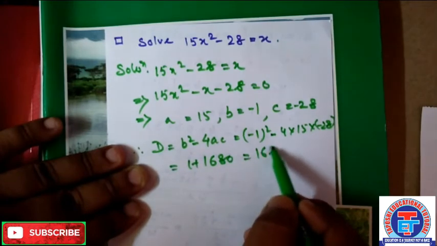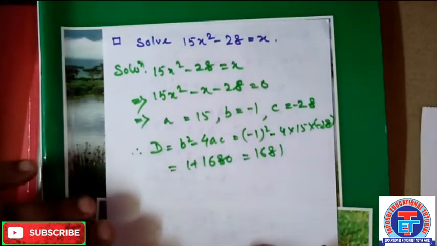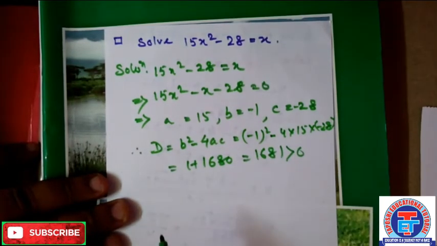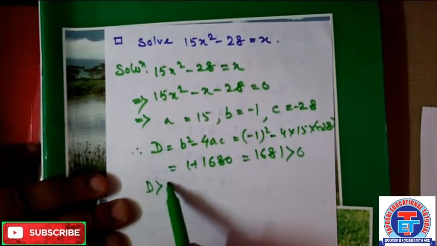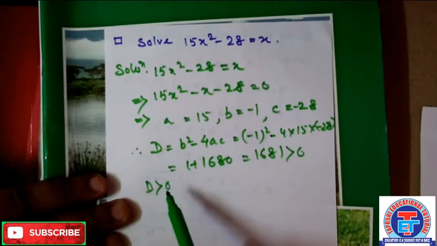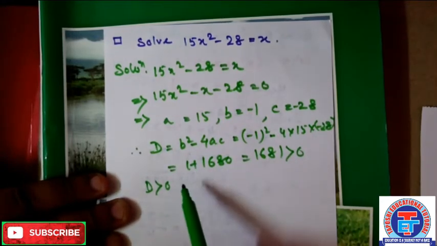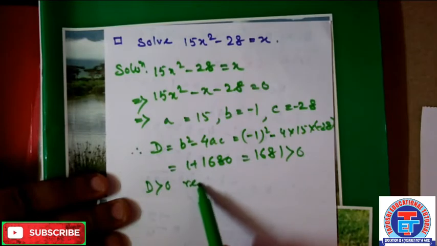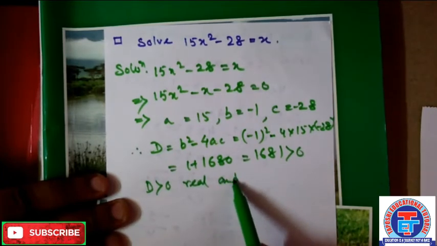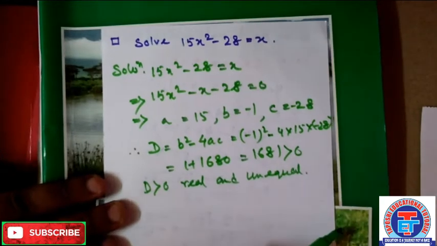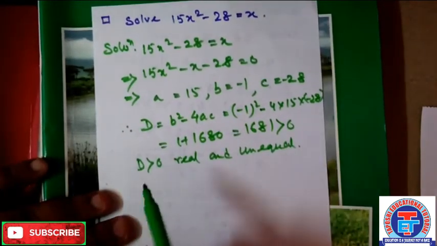That means 1681. Right, so this is greater than 0. So as you know, discriminant d greater than 0, then the nature of roots of the quadratic equation is real and unequal.